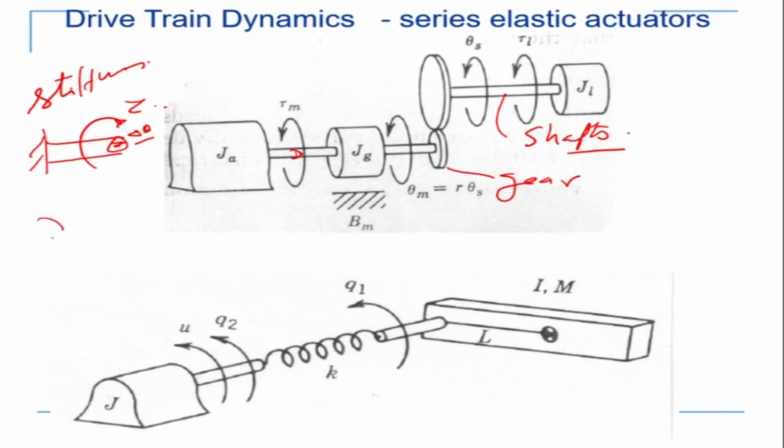In a torsion spring, for example, I apply a moment, and it is going to deflect by a small amount del theta. So tau is equal to k into del theta. This is my stiffness k. Now the shaft will have some amount of stiffness. That means it will have a k value. It can be small or it can be large.